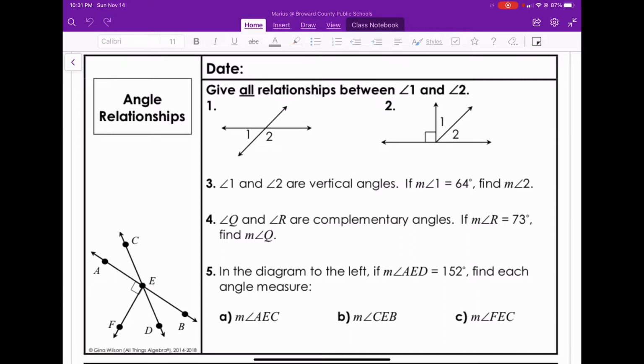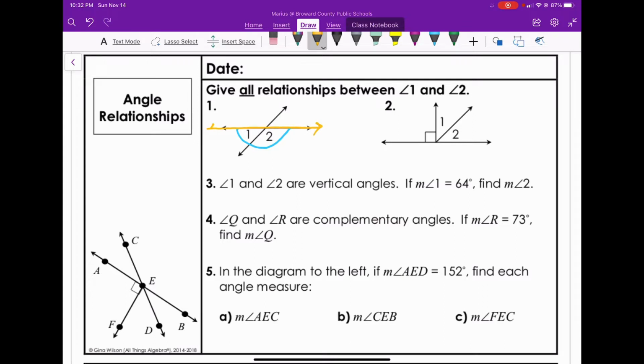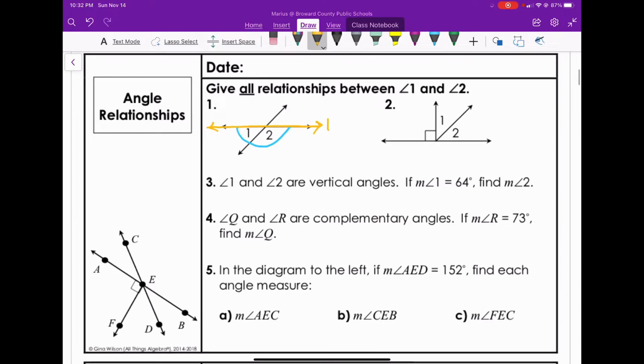All right. Well, in the diagram for number 1, we're talking about angle 1 and angle 2 right here. Now, they're both on a straight angle. And we all know that a straight angle, or a straight line, measures 180 degrees.